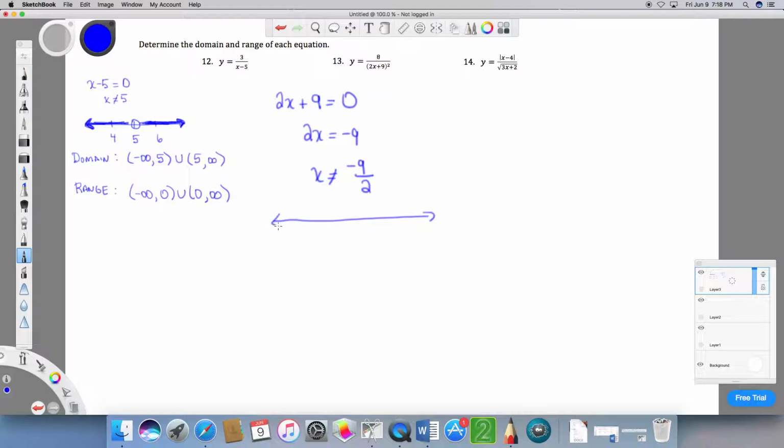So on a number line, if this is negative 4.5, and this is negative 5, and this is negative 4, then it's all real numbers excluding this value. So my domain is the set of all real numbers excluding negative 9 over 2.